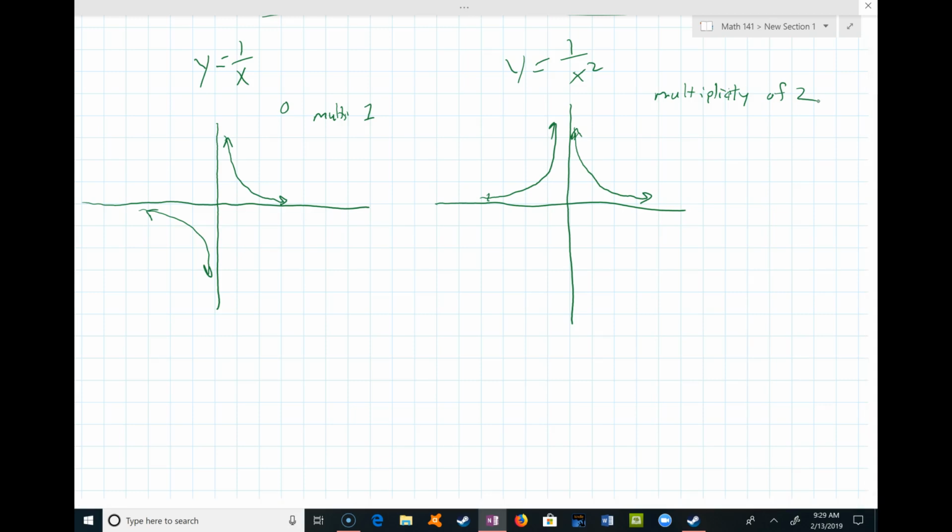And notice the difference between the vertical asymptotes. So here there's a vertical asymptote, and the behavior on either side of the asymptote, on the left side it's going down, on the right side it's going up, or more importantly, it's doing something different. So over here, notice again, well, I didn't draw that very well, did I?